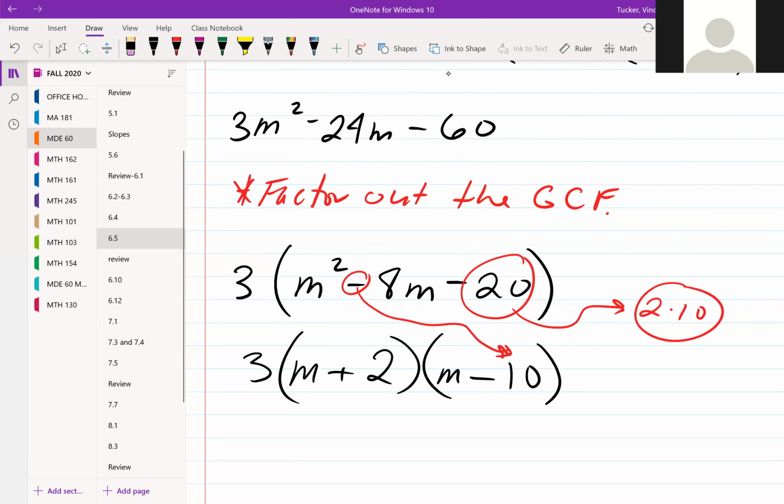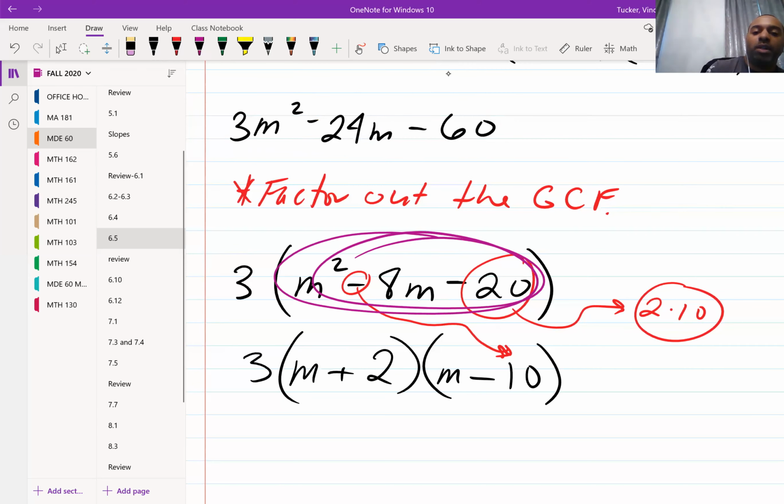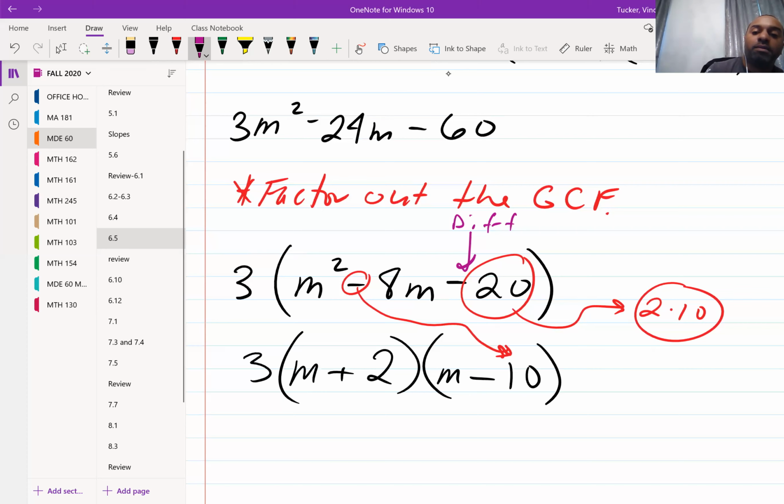Okay. So after that, we're just doing the same thing that we've done up to this point, which is we look at our back sign first. Back sign is negative, so it means our signs are supposed to be different. All right. And then this sign tells us that the greater will take on that sign. Yeah, the negative. Okay.